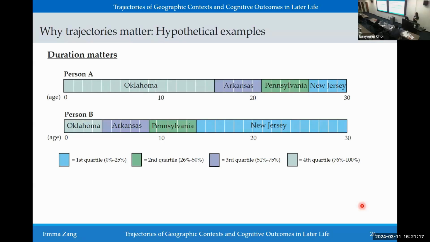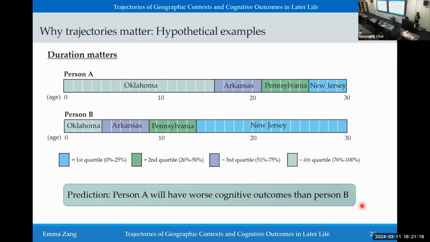Based on our social theory, we predict person A will have worse cognitive outcomes than person B because duration may matter. Oklahoma has a relatively bad upward mobility context, and person A lived in Oklahoma longer. If we only look at the birthplace or the current place, we will not be able to capture this.